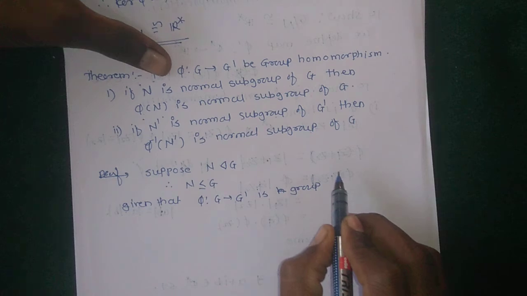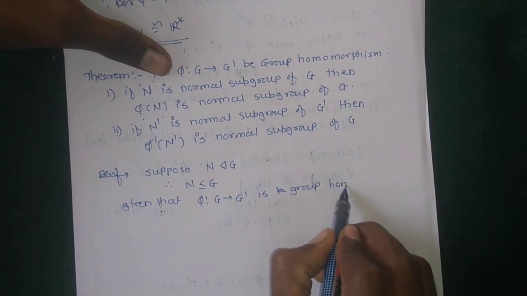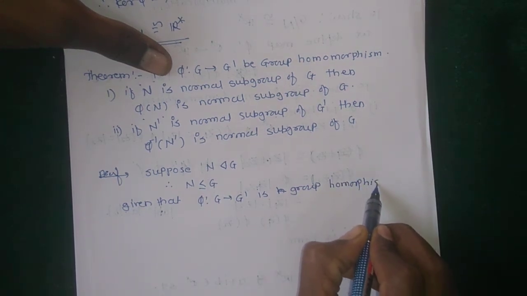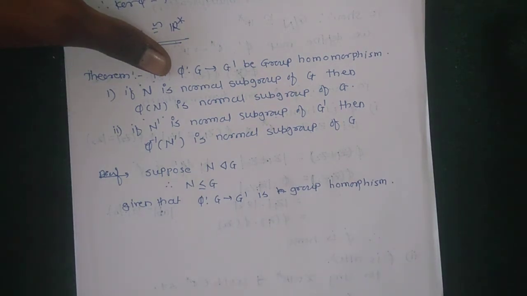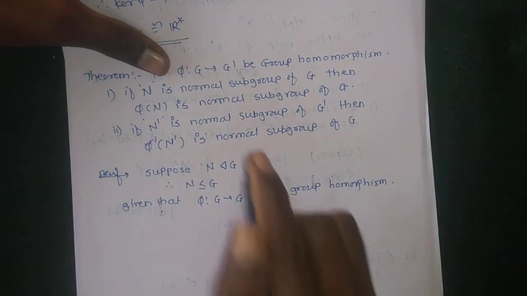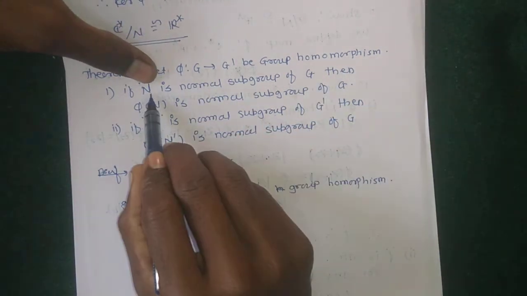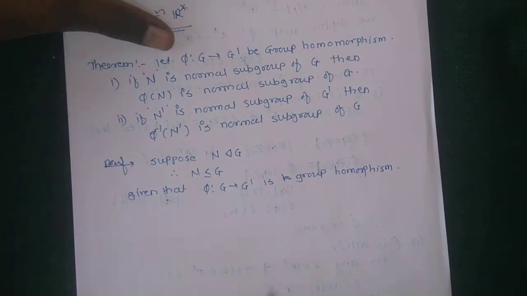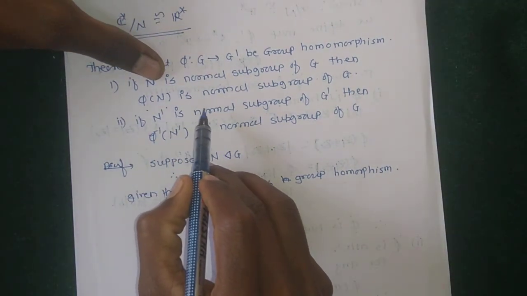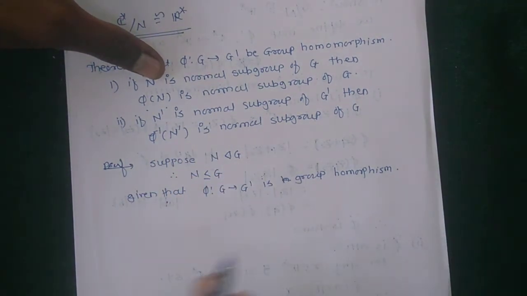And N is a normal subgroup of G, and we need to show that phi of N, the image of N, is a normal subgroup.